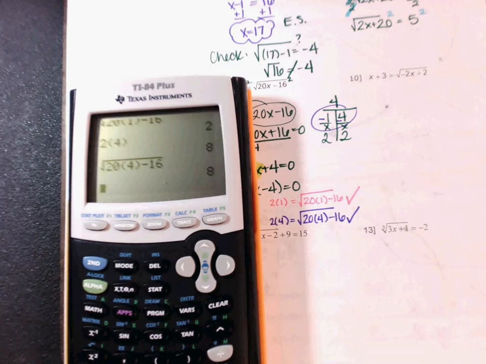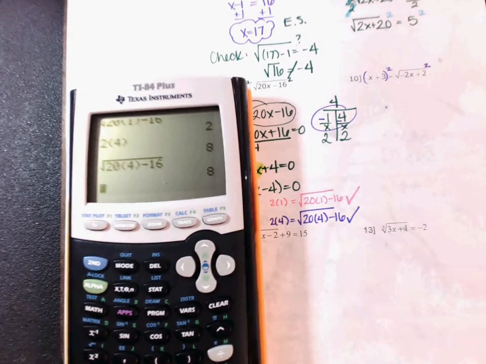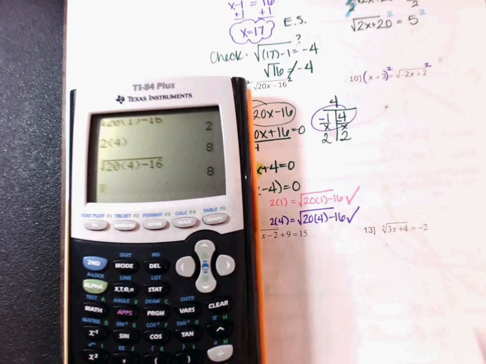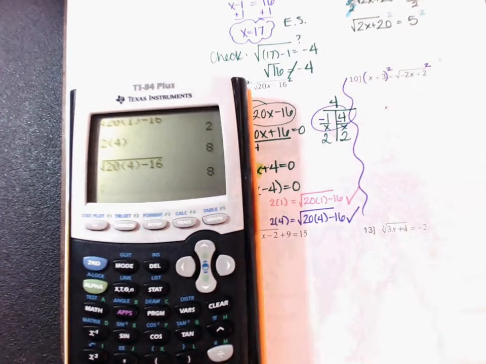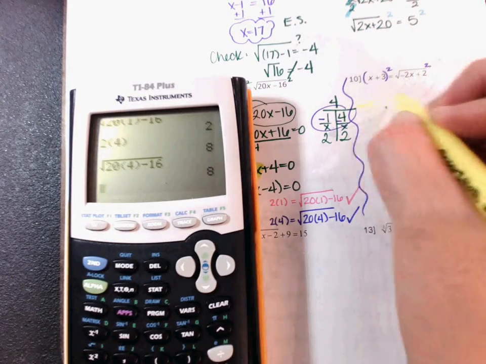Now, number 10 is going to involve the shortcut that we reviewed last time. So, square both sides. And remember, when you square x with a little friend, you have to use parentheses. And that's where you do the square, double, square.